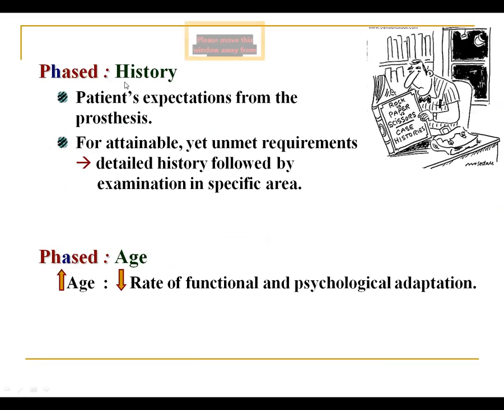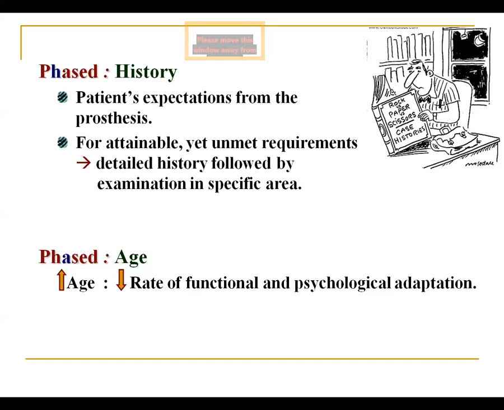What about history? Patient's expectation. As far as history is concerned, just know what the patient expects from you or his prosthesis. For attainable yet unmet requirements, take a detailed history followed by examination in the specific area.